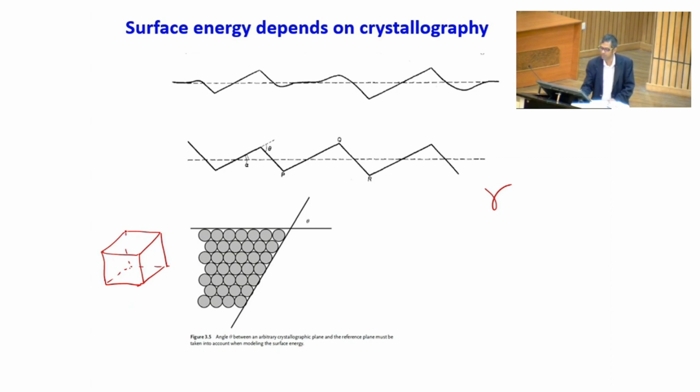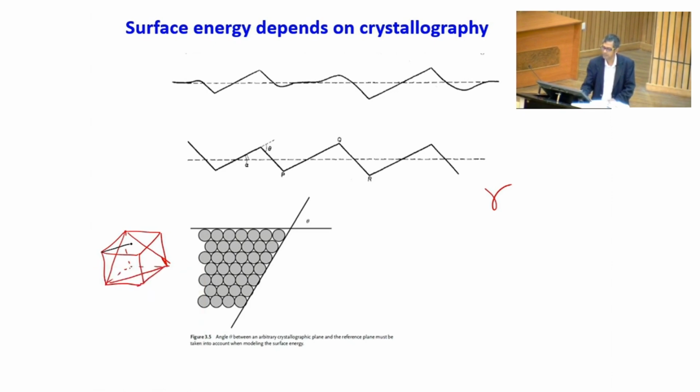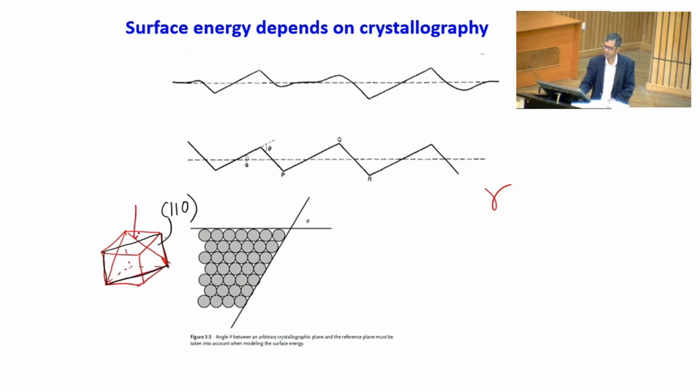So, let us mark three important planes, 1, 1, 1 and, okay, a different color. This one is 1, 1, 0, right. Let me write it down. And this red one is 1, 1, 1. How do you know that? This is x, this is y, this is z.